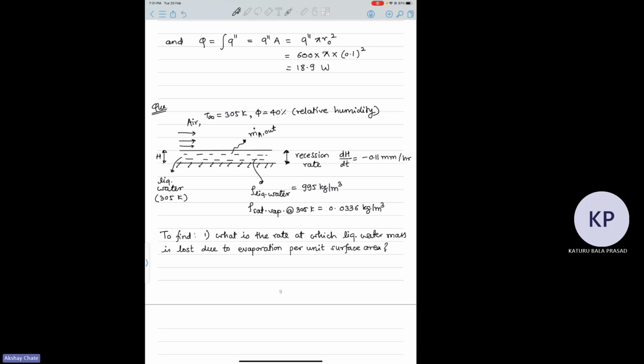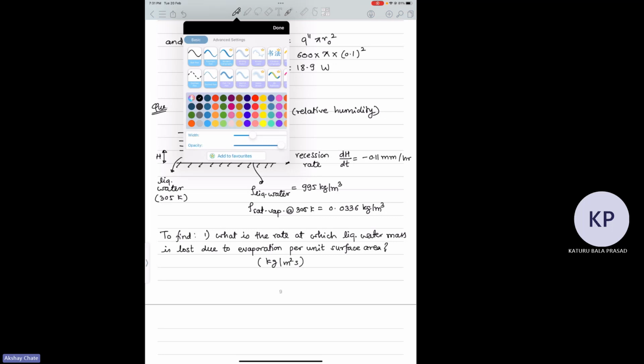So first of all we need to find some quantity whose unit will be kg per meter square per second, right? Because the rate of mass loss is kg per second, and per unit area it's kg per meter square per second. So that is one thing that I think of as soon as I see this problem.